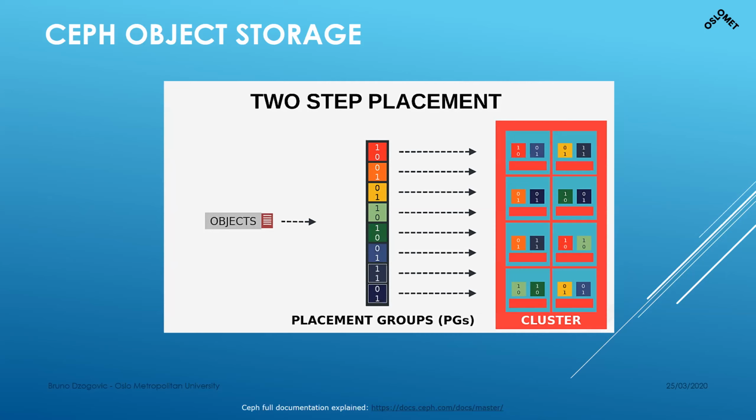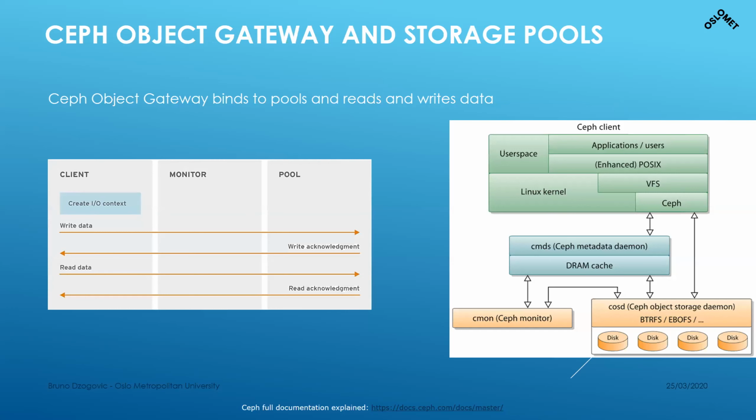But in order to manage this, you really need something comprehensive. You need to build so-called maps in order to know where the data is at which location. Otherwise, you're going to get lost. So the Ceph object gateway creates pools, and these pools are your nodes which will become part of your storage.